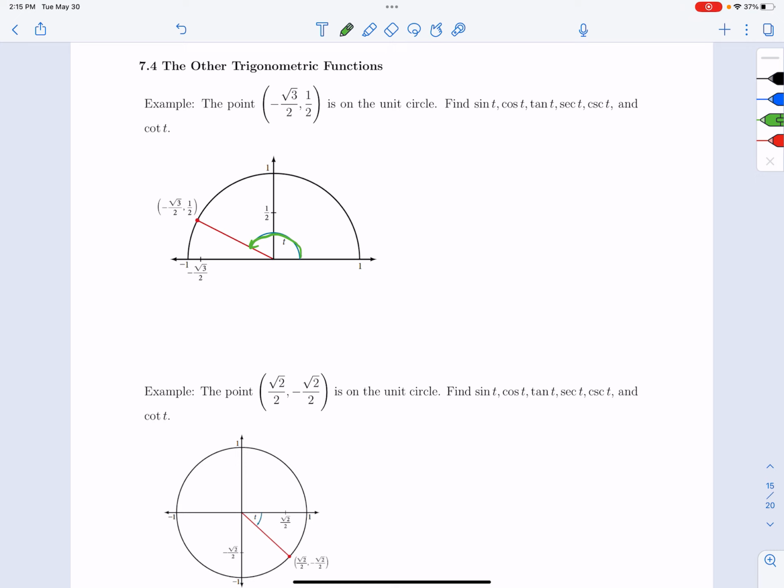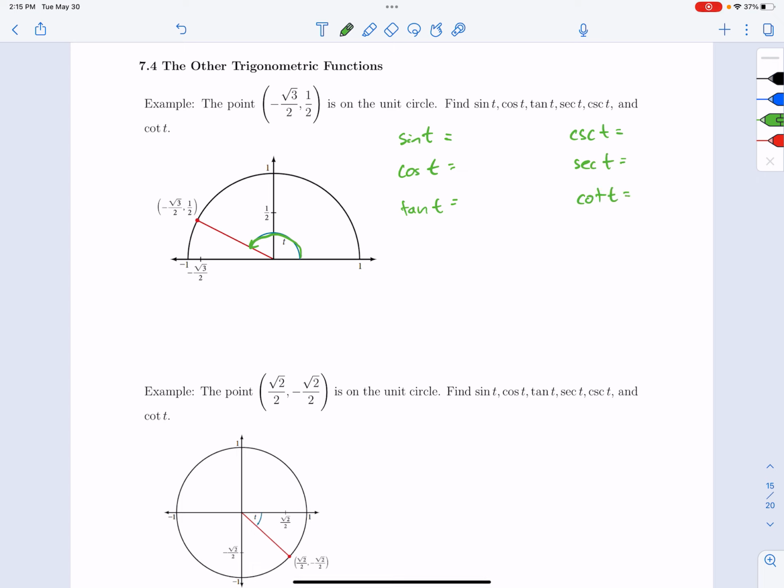And what we want to do is find the value of the 6 trig functions for that angle. So we want sine of t, cosine of t, tangent of t, and then we want cosecant of t, secant of t, and cotangent of t.